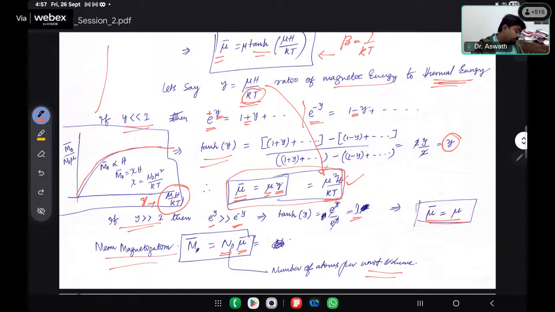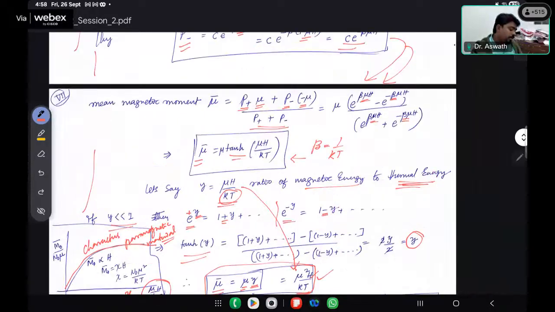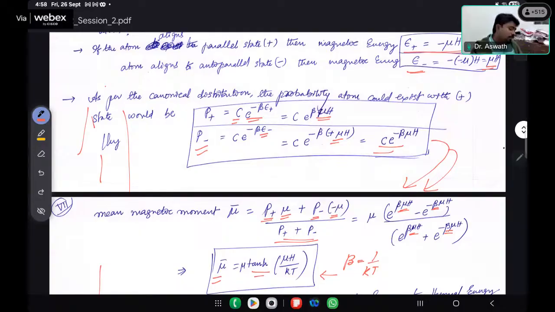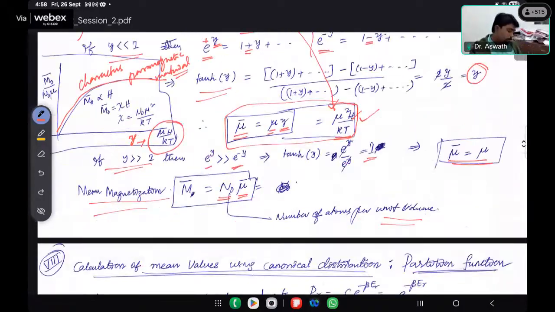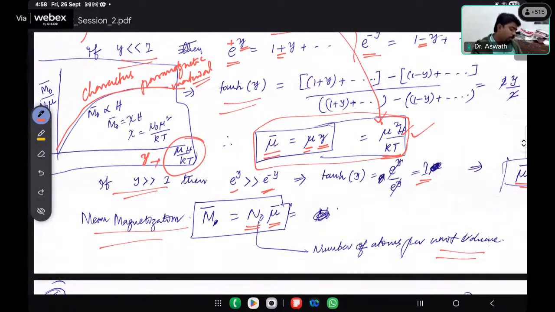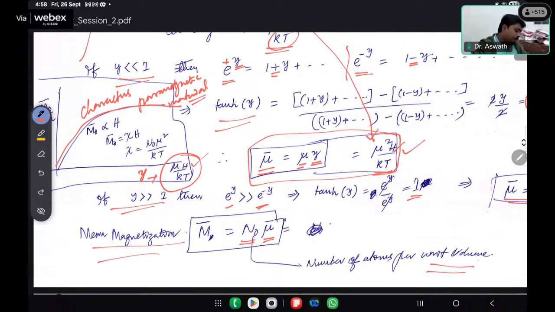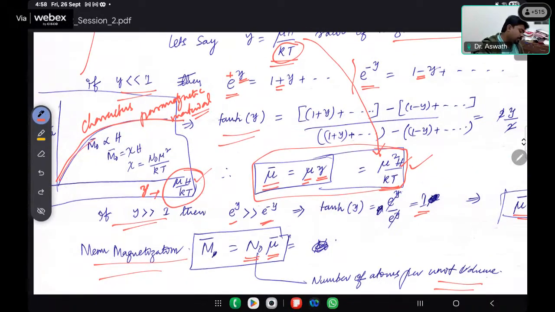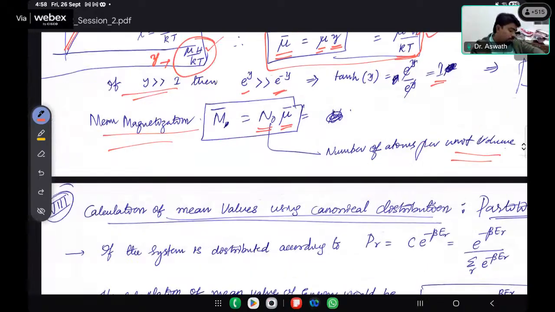This is the characteristic of a paramagnetic material, which means our canonical distribution is actually giving the characteristics of a magnetic material. Applied magnetic field versus magnetization increases like this and stabilizes later. Very good. Now we are through.